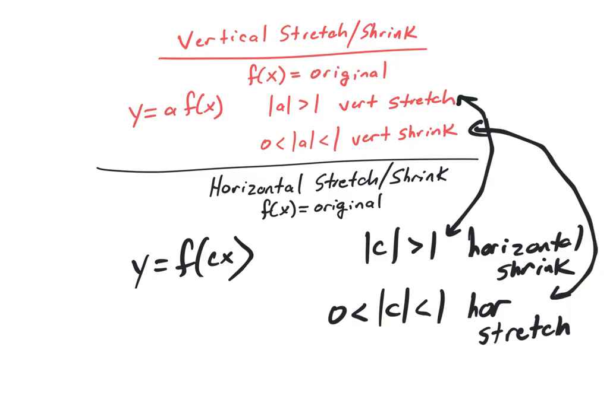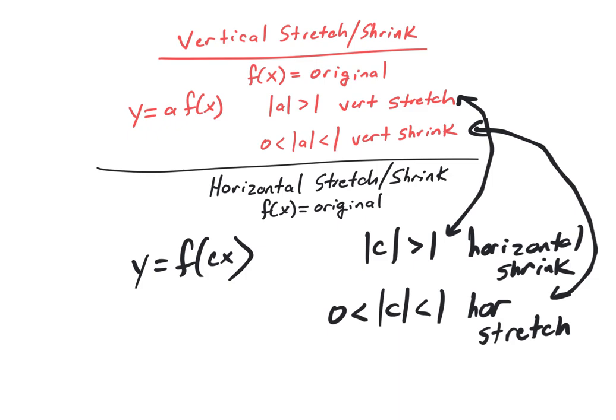But depending on the word or where the number is, if the number's on the inside, it's a horizontal stretch or shrink. If the number's on the front of the function, then it's going to be a vertical stretch or shrink. So where that number is tells us what type of stretch or shrink we have, horizontal versus vertical.